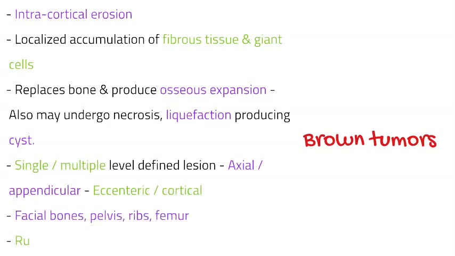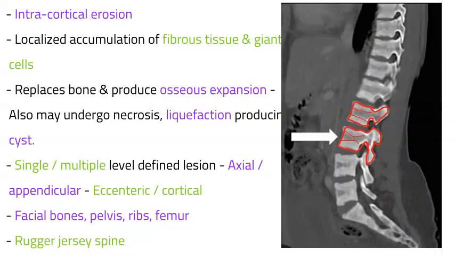Single or multiple well-defined lesions, axial or appendicular, eccentric or cortical. They involve the facial bones, the pelvis, the rib, and femur. There is a rugger jersey spine. This sagittal CT scan of the lumbosacral region shows the rugger jersey spine changes.